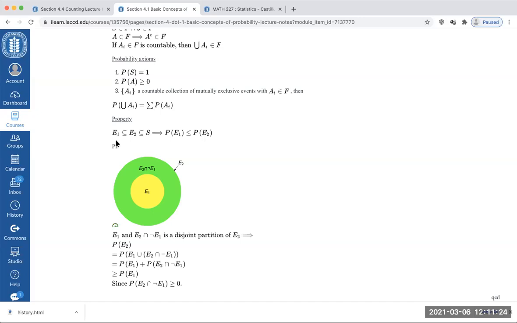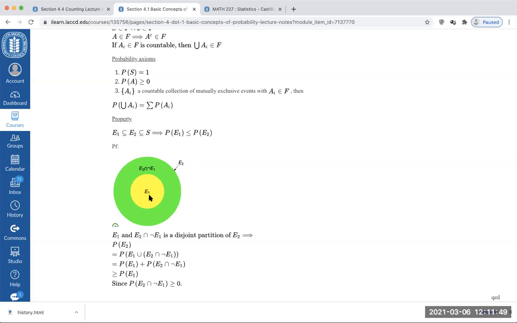Since E sub 1 is a subset of E sub 2, then E sub 1 and E sub 2 take away E sub 1, so E sub 2 intersect not E sub 1, form a disjoint partition of E sub 2.